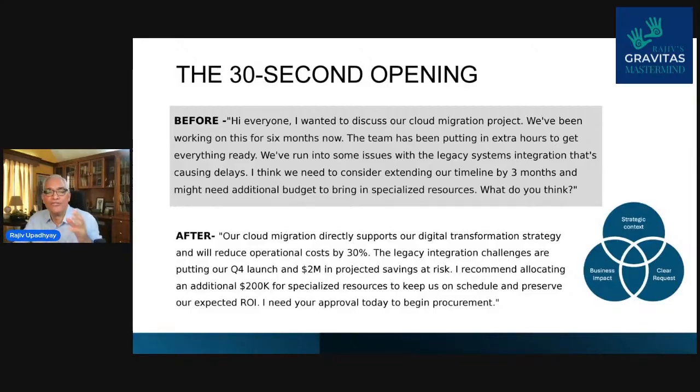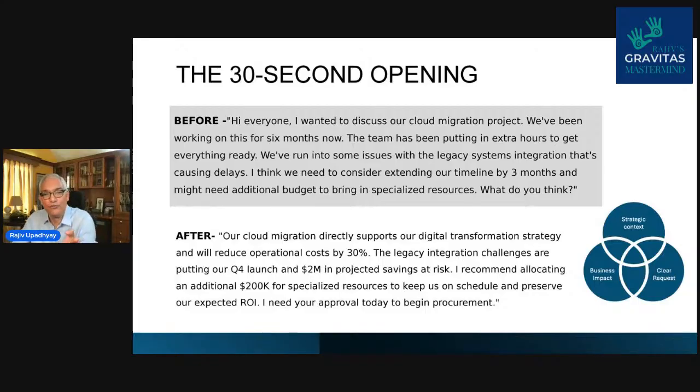If you think through your communication and are able to articulate the business impact, the timeline we are looking at, and what exactly you want, and clearly put those across to the senior executive, it will be a much better strategic communication.